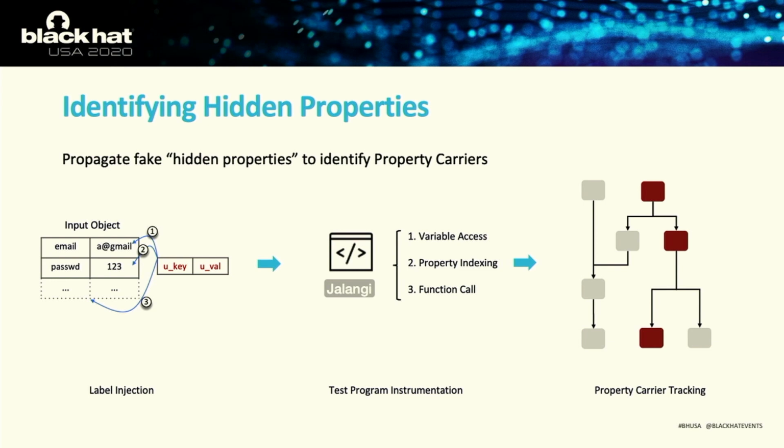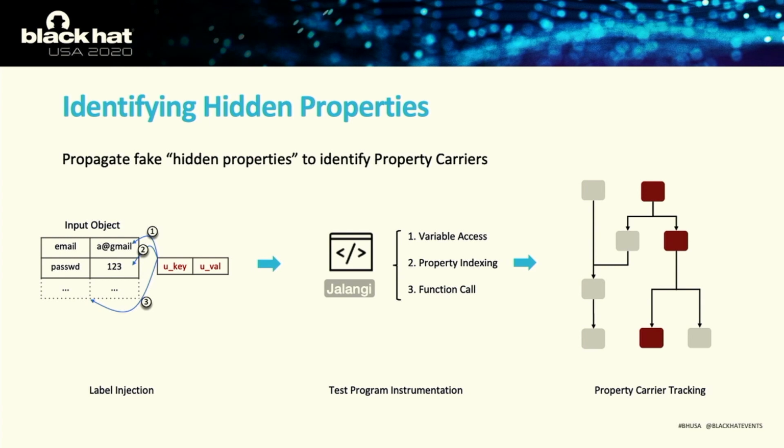And then we execute the mutated test input in our instrument framework. To observe the program execution, we leverage a JavaScript analysis framework called Jalangi to instrument our test program. Since we are studying the data flows, we instrument only the variable read and write, object property indexing and the function calls.